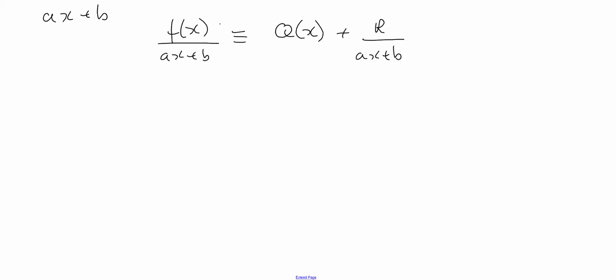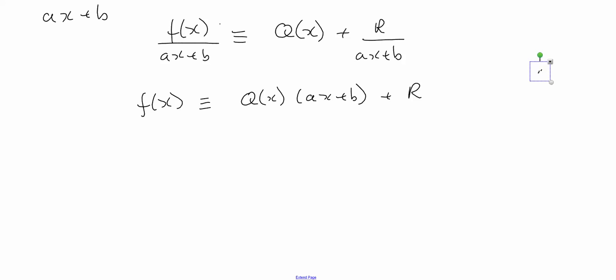Just as before, multiplying by ax plus b, f of x is the same as the quotient, whatever that function is, q of x we'll call it, times ax plus b, plus r, because the ax plus b will cancel.